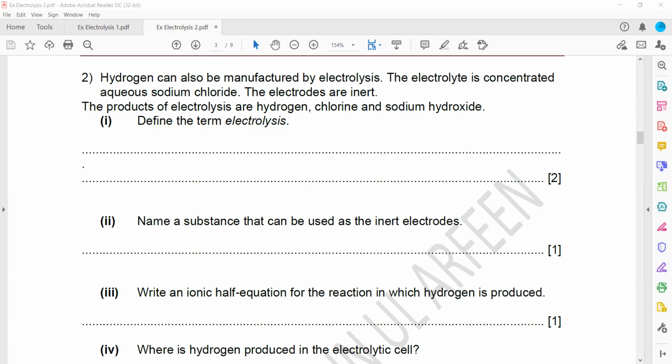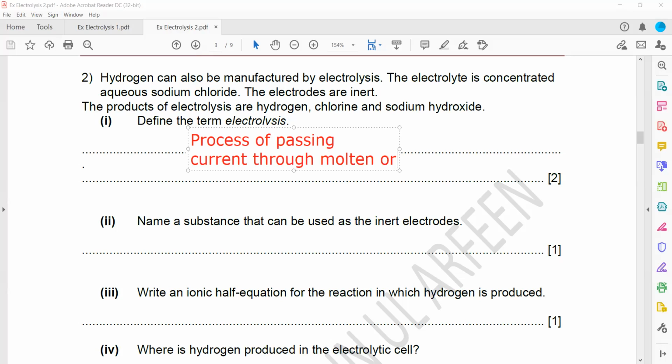Basically, it is a process of passing current through a molten or aqueous solution, breaking down the compound into ions by using electricity.